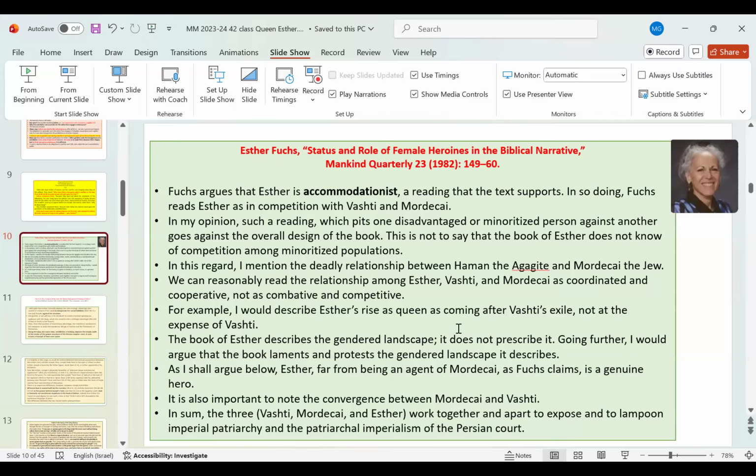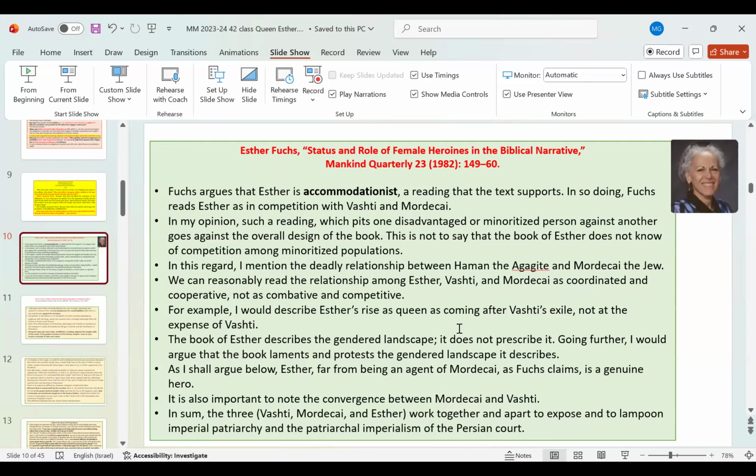So she talks about Esther as an accommodationist, all right? She sees her as in competition with Vashti and Mordechai, in other words, that each one is pitted against each other.